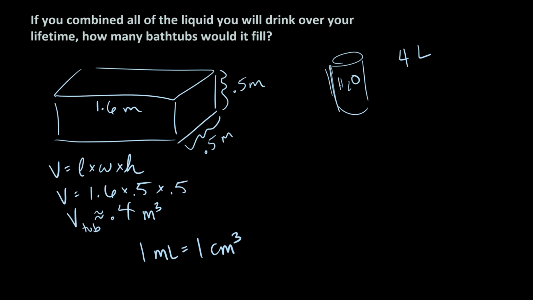So if I convert to milliliters or cubic centimeters, this would be 4,000 milliliters, since there are 1,000 milliliters in a liter, or 4,000 cubic centimeters of water per day. So there's my consumption per day.